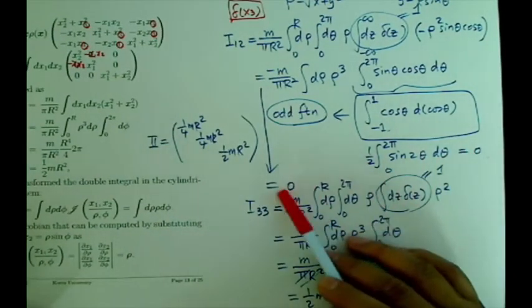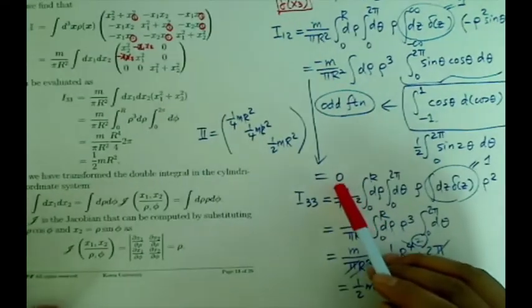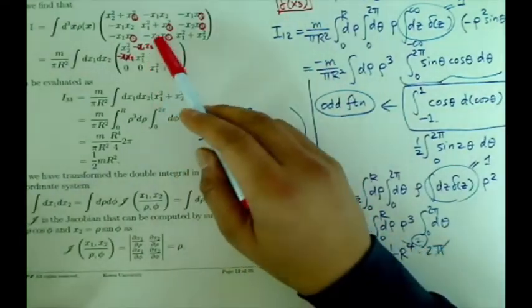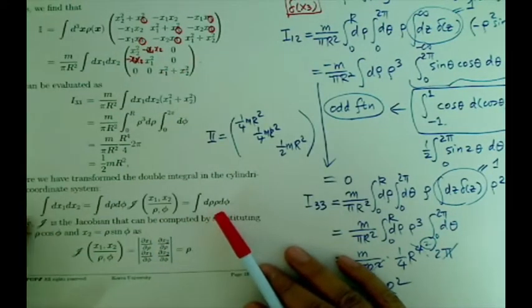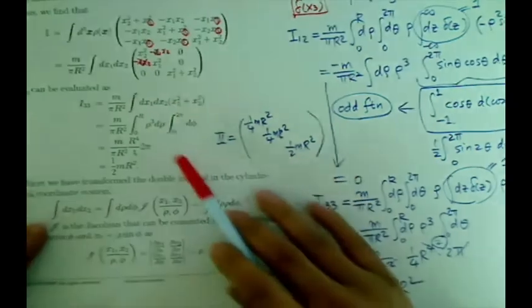A sinusoidal function integrated over a period, or n times a period, must vanish. Therefore, because of that symmetry, that contribution is actually vanishing. So what we have to compute is just the diagonal component.